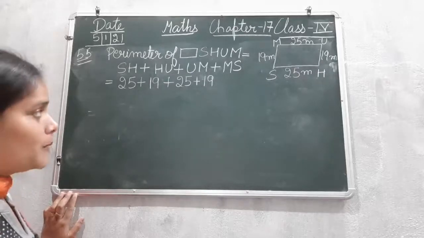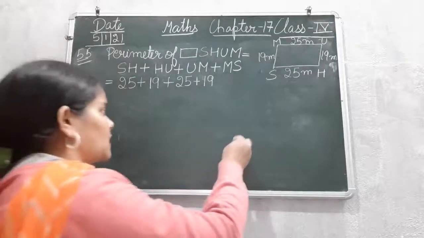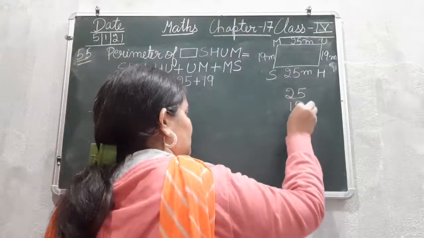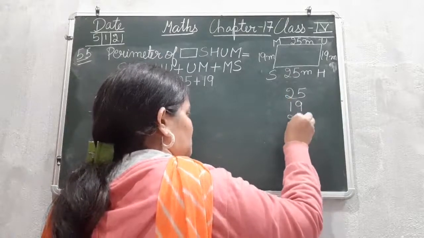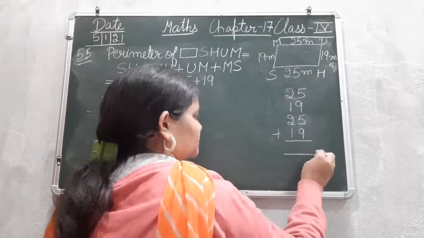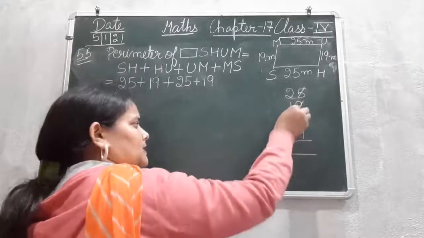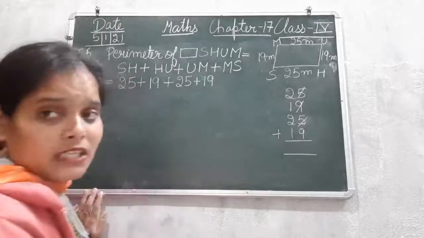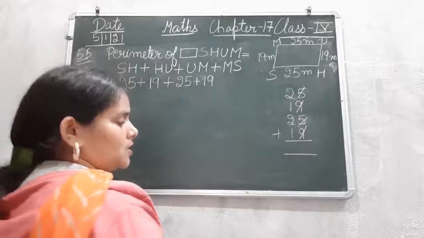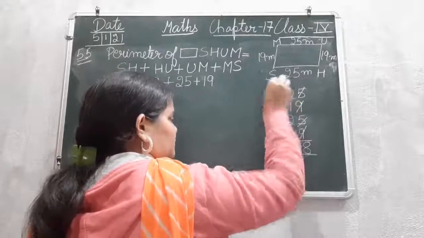Next, for finding its perimeter, we will add all the measurements of all these four sides of the rectangle. So that is 25 plus 19, 25 plus 19. So 5 plus 5, 10, 10 plus 9, 19, 19 plus 9, 28. So we will write 8 here, 2 carry.